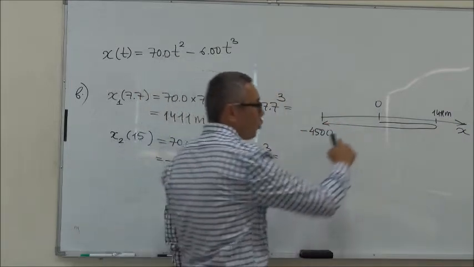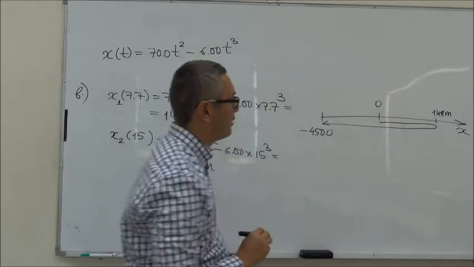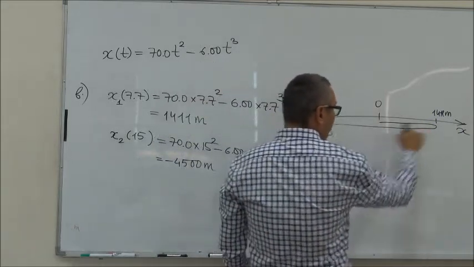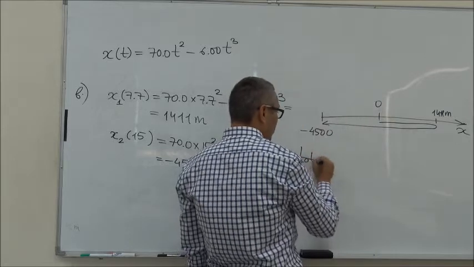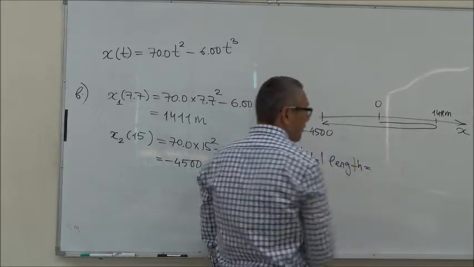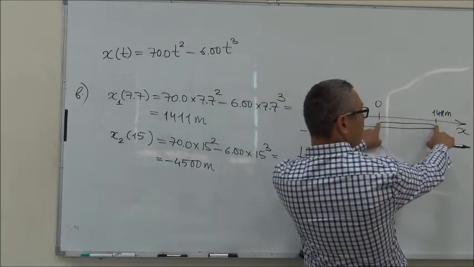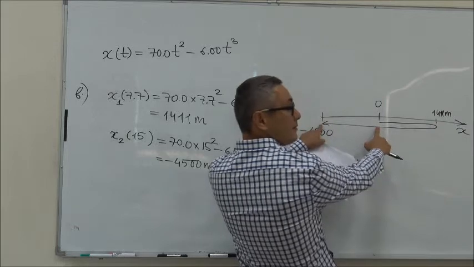So the question is, what is the total length of that path? Well, you can see that to find the total length, all we need to do is to add two pieces like this and one piece like this.